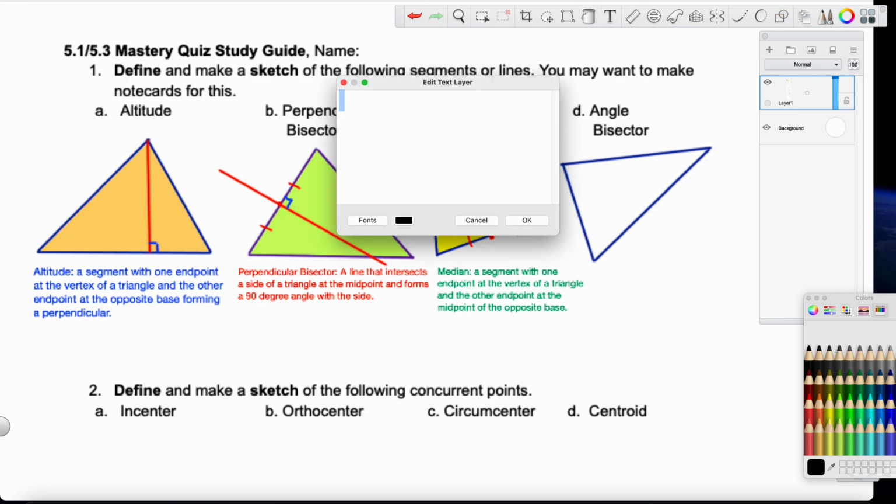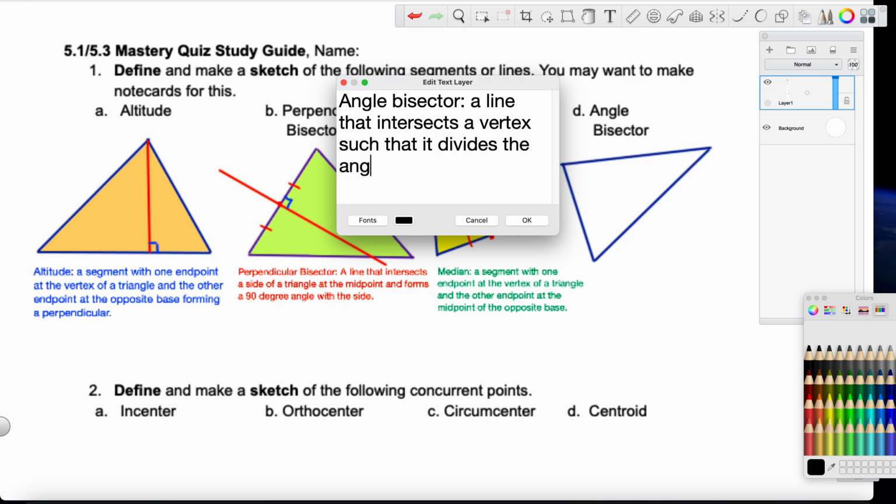Okay, so angle bisector. A line that intersects a vertex such that it divides the angle in a triangle into two congruent angles.